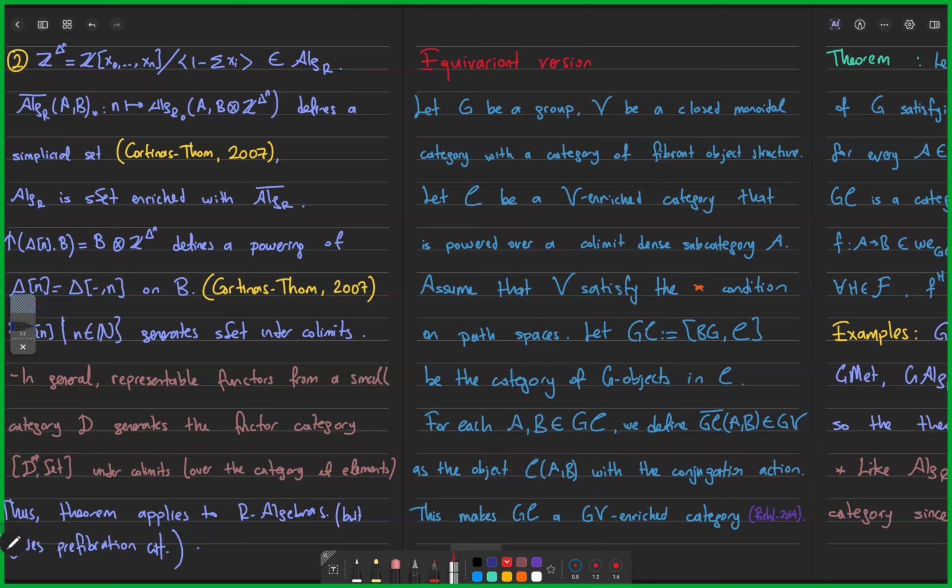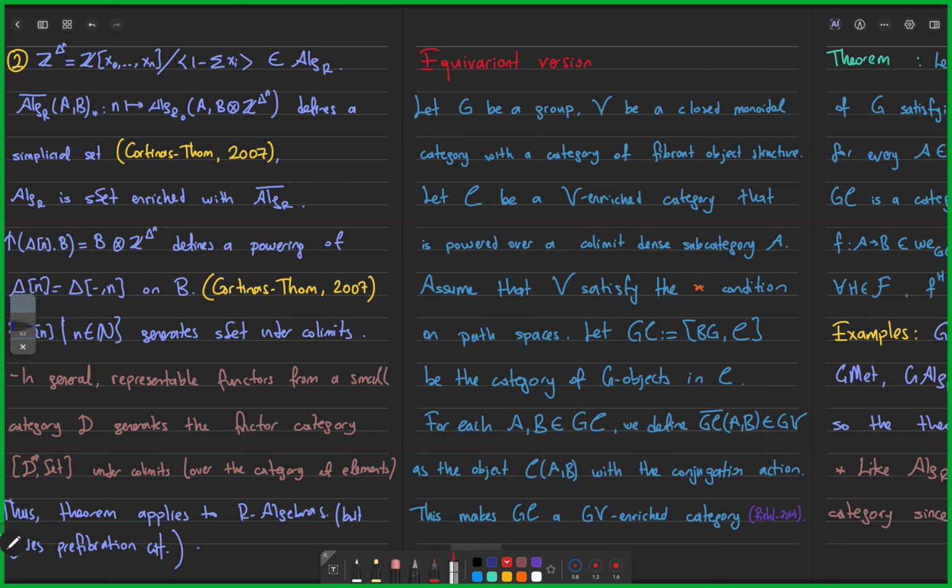Let me just describe it. C(A,B) to C(A,B) to C(A,B). In this first part, it is the action by G on A, this is the action by G inverse on B. So composition gives a G action on C(A,B) by the usual conjugation action.